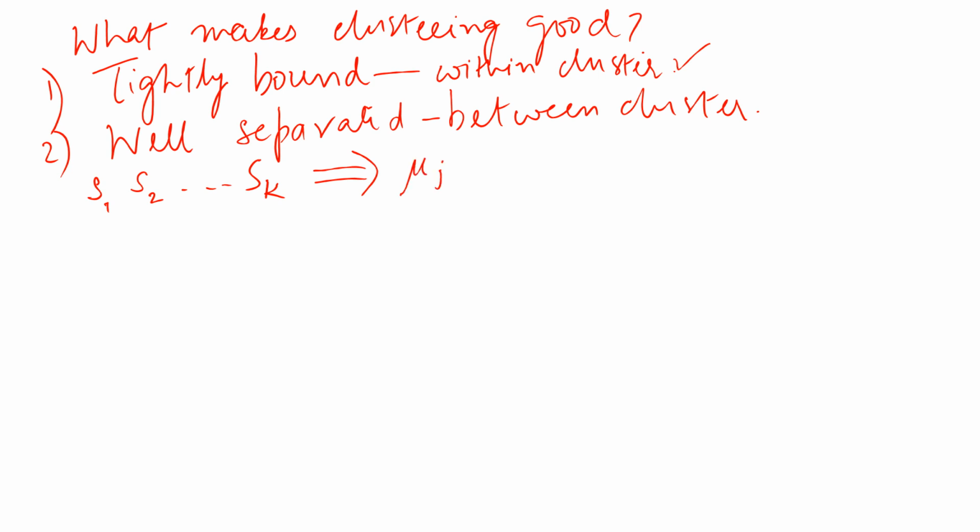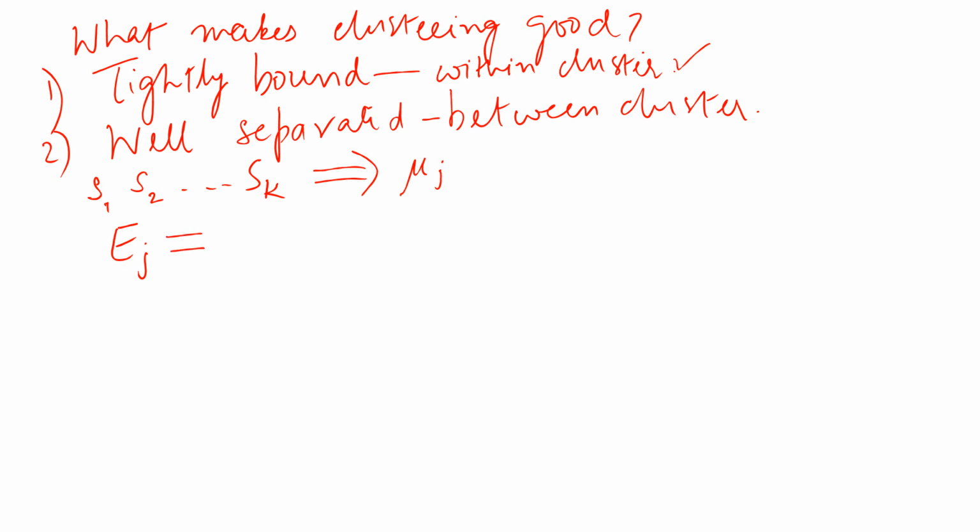And this mu sub j for each of these, like mu1, mu2, mu3, has this distance from every point x that belongs to that cluster. And we are going to mathematically denote it, first of all, as E sub j. So think of this as the sum of squared distance to the center, right? And let me not write an arrow here. Instead, let's write it equal to what it is.